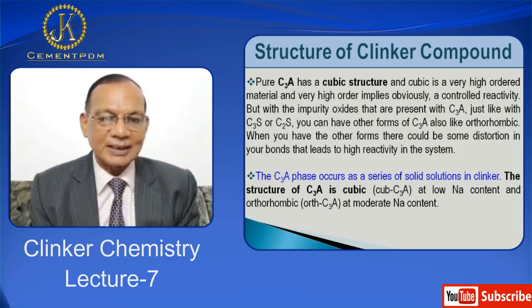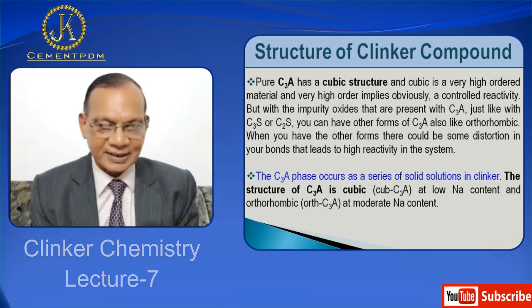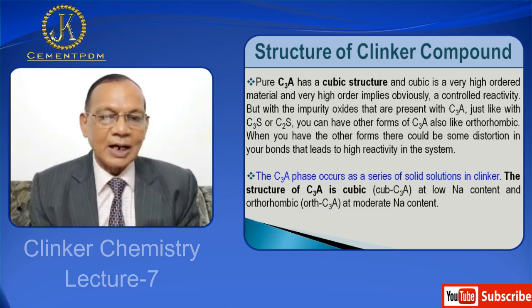When you have the other forms, there could be some distortion in your bonds that leads to high reactivity in the system. The C3A phase occurs as a series of solid solutions in clinker. The structure of C3A is cubic at low potassium content and orthorhombic at moderate potassium.